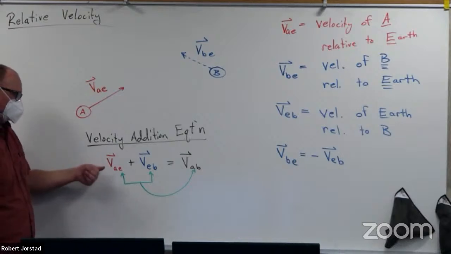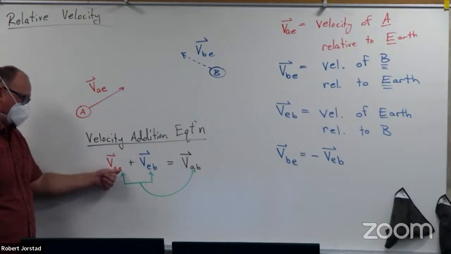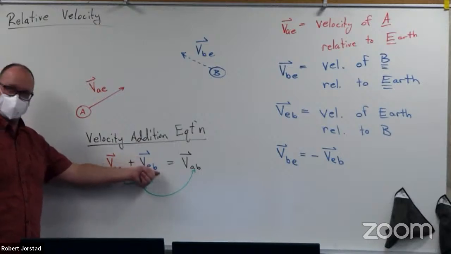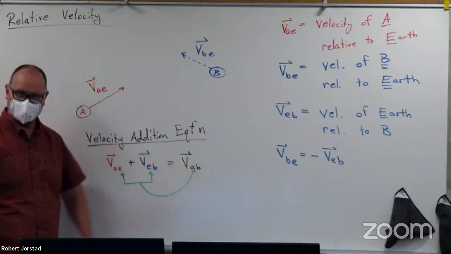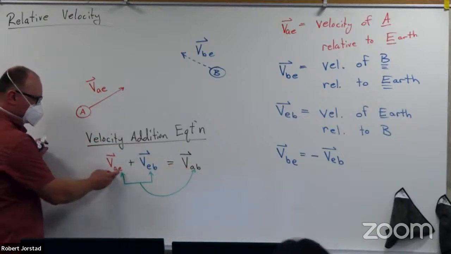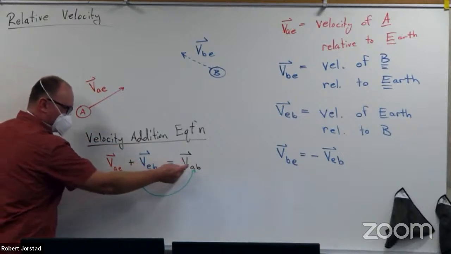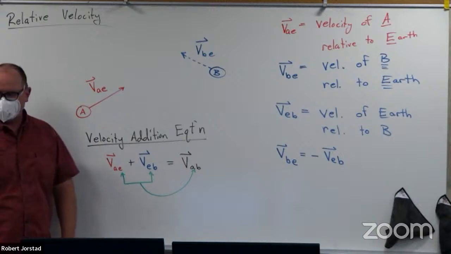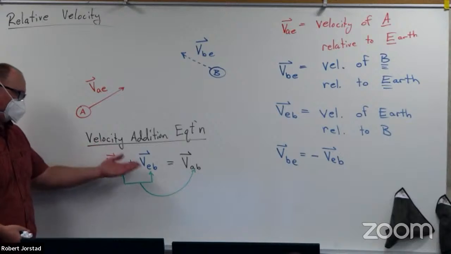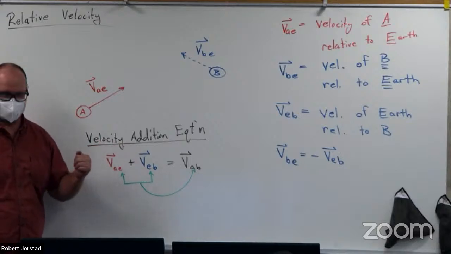If I take the velocity of one object relative to a second, then a second relative to a third, that gives me the first relative to the third. Or set in equations, A to E plus E to B gives me A to B. So far, so good? And what looks like the difficult problem with all these simulations ends up just being a vector addition problem.